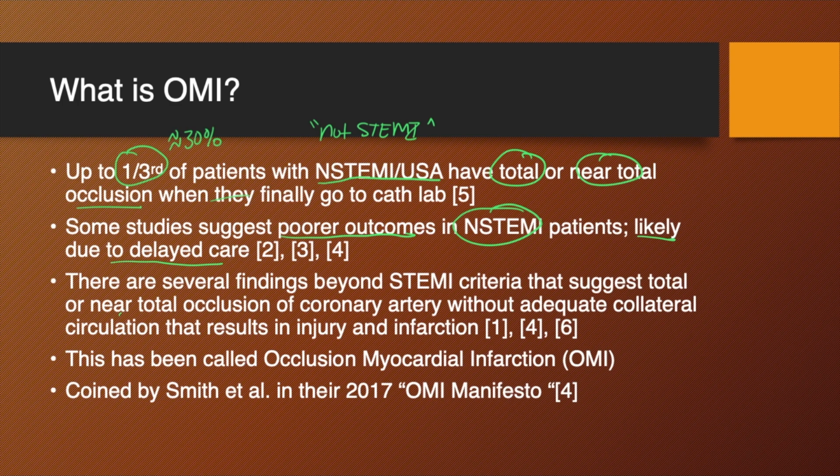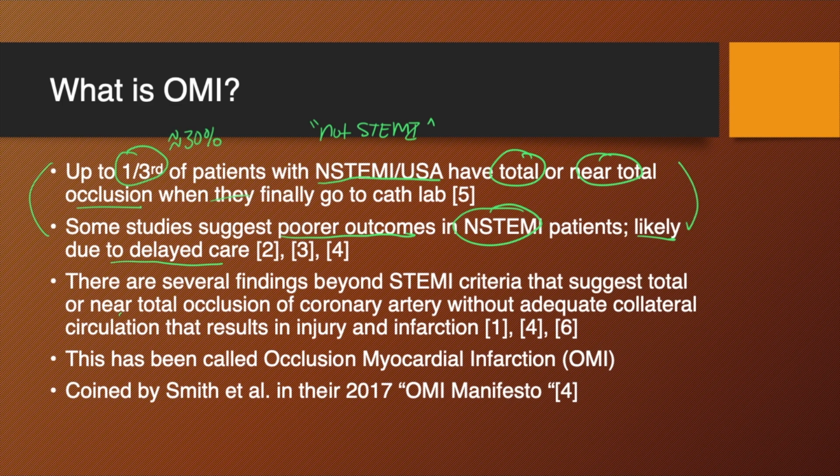So what this suggests is that there's a large group of patients who we would put in the NSTEMI category that would greatly benefit from going to the cath lab, and in fact, the cath lab may substantially decrease morbidity and mortality in these patients.